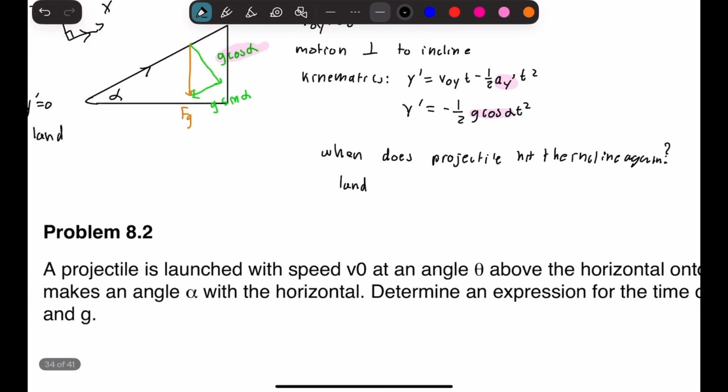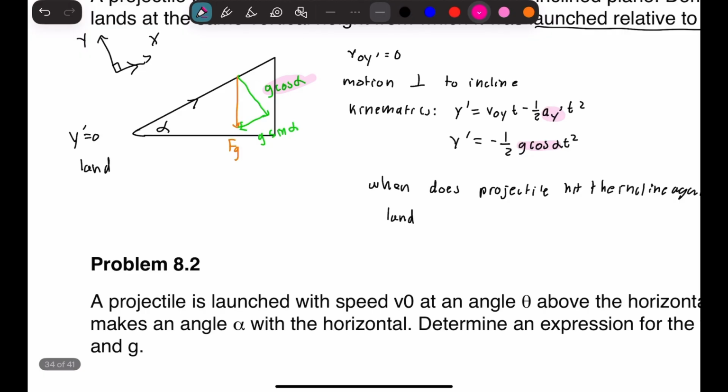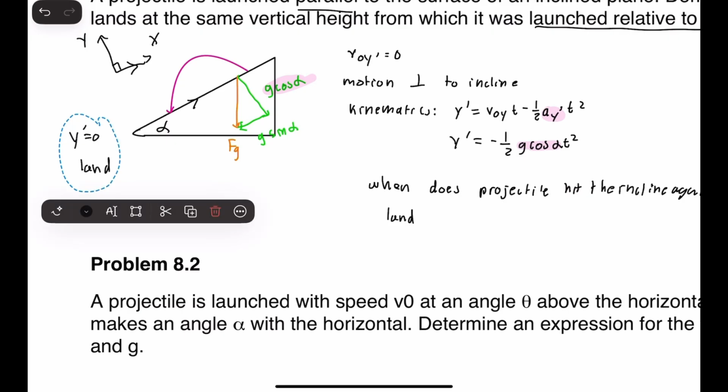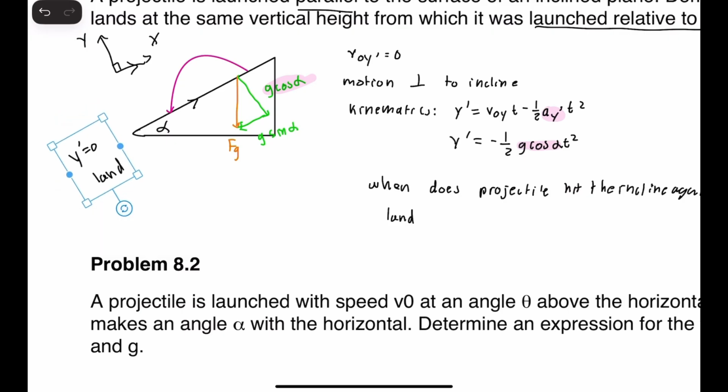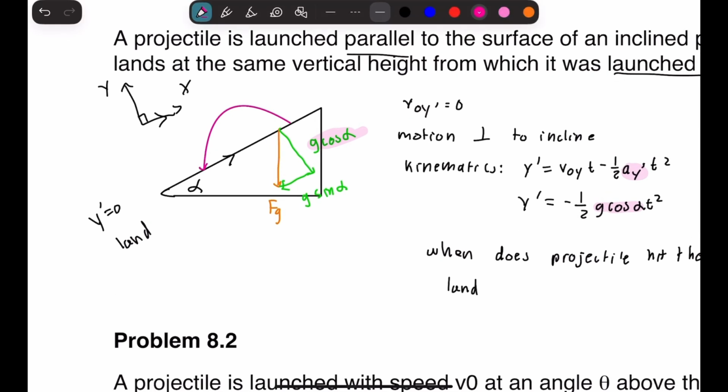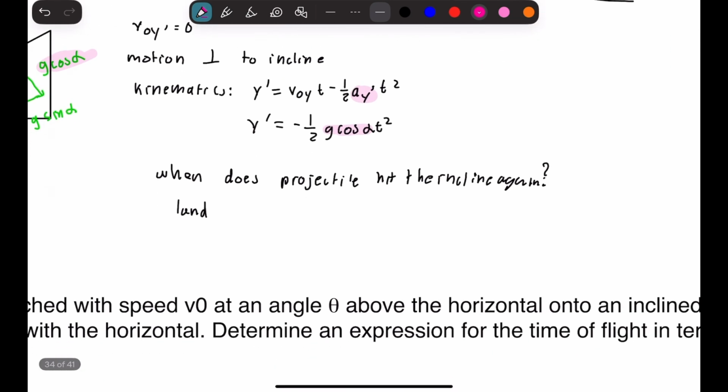So it would be launched from like this, and our height of 0 is relative to the incline. Just think of it as a flat surface, but we have gravity that goes down at an angle, right?